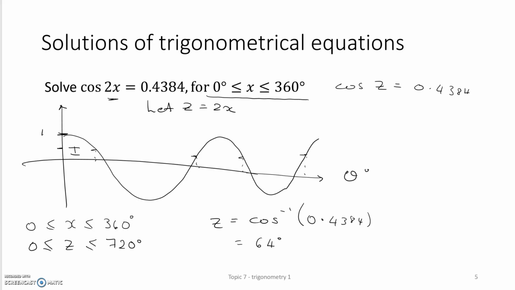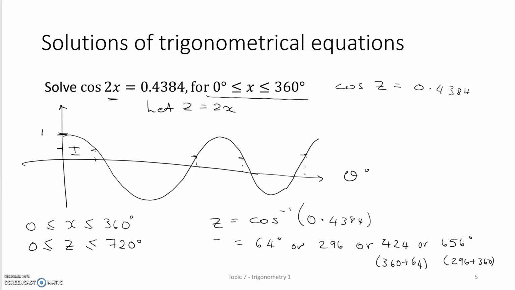So z is equal to 64 or 296, so that's 360 minus 64, or 64 plus 360, which is 424. That's 360 plus 64, or, put it down in brackets first, 296 plus 360, which is 656.